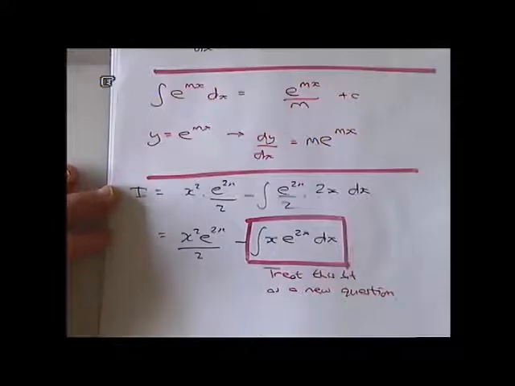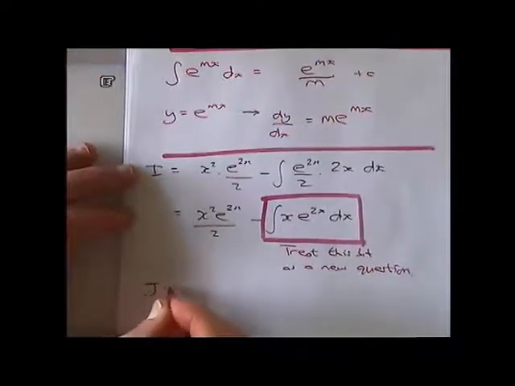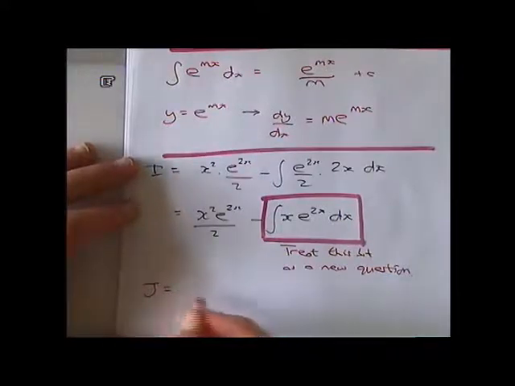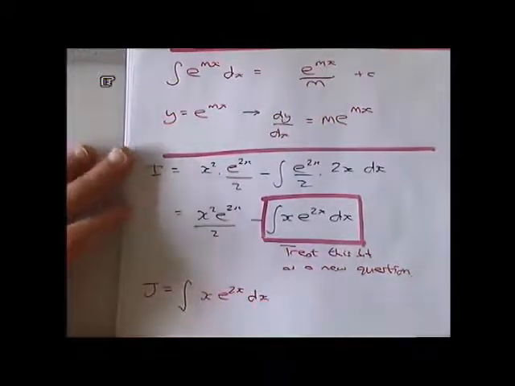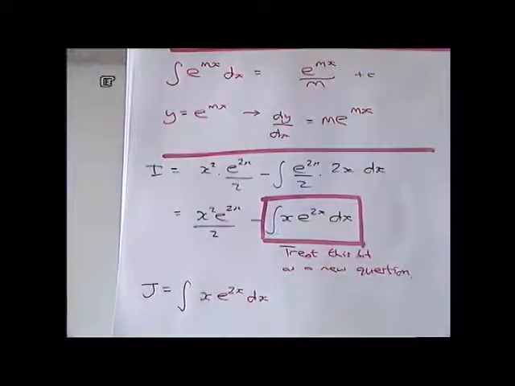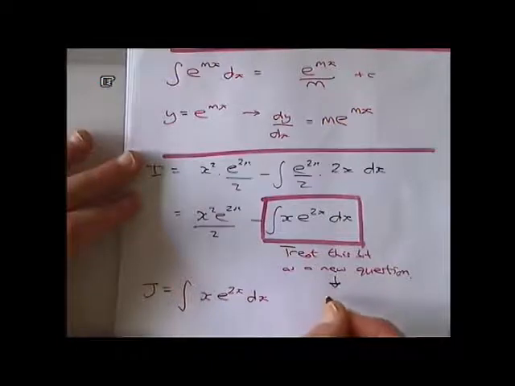Because I've used I for my integration earlier, I now call that bit J. Just seems to make sense to me. So I've got a new question now. My question J is I am integrating that. Okay? And how do I do that? Well, I integrate by parts. Just what we've been doing.